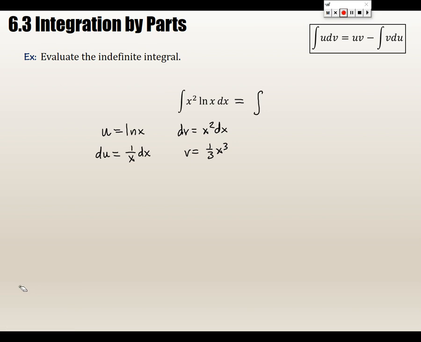So uv is 1/3 x cubed ln x, minus the integral of v du, so that's 1/3 x cubed times 1 over x dx.